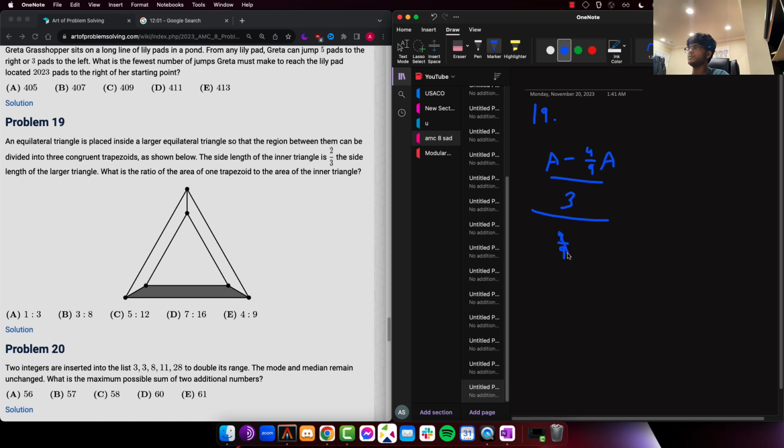Oh, okay, maybe that's why. I'm dumb. I'm actually so dumb. Oh my god. We're dividing by 4/9, so this is the same thing as multiplying this by 9/4.